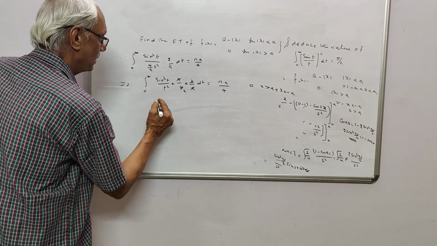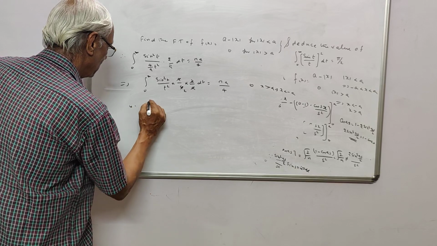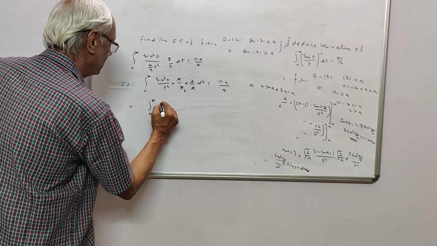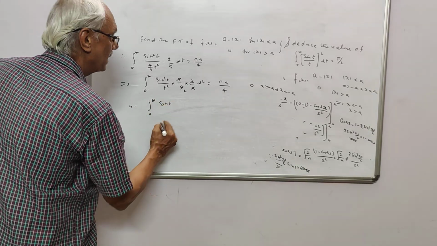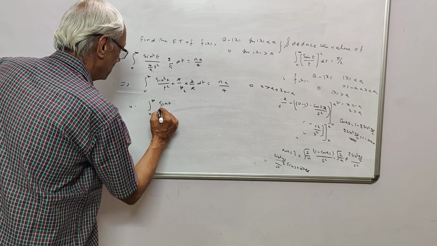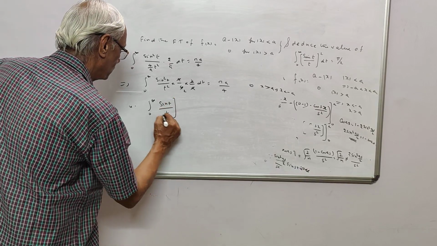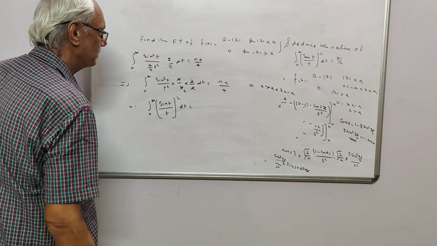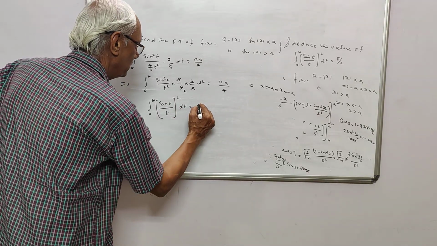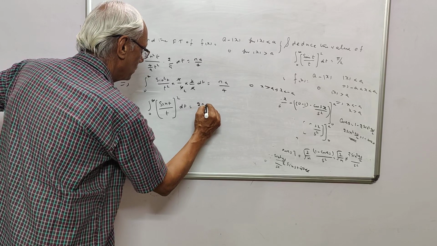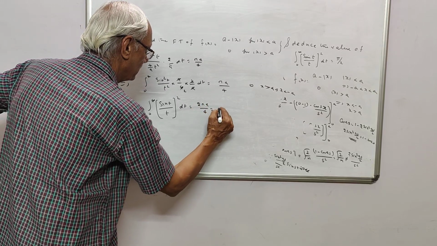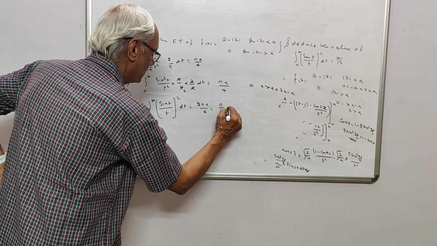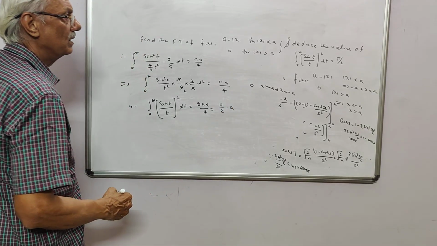So the integral from 0 to infinity of sin t divided by t whole square dt is equal to 2 pi a by 4, that is equal to pi by 2 into a.